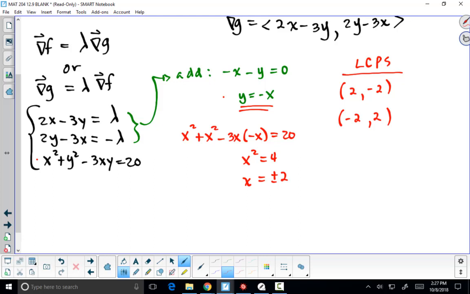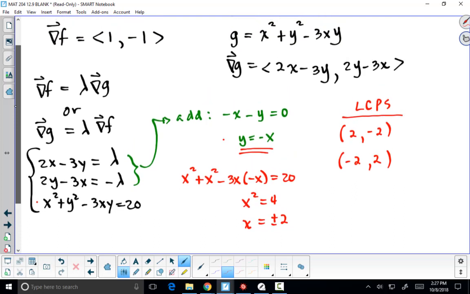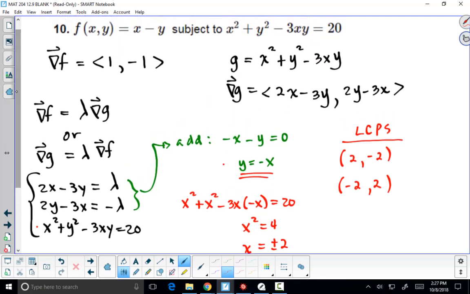Yep. So we have 2 critical points, Lagrange critical points. They're not critical points for the surface, but they're critical points subject to the constraint. So now we go back to the function, we figure out our function value, and we get our Lagrange max and our Lagrange min. So we do x minus y: 2 minus negative 2 is 4, negative 2 minus 2 is negative 4.